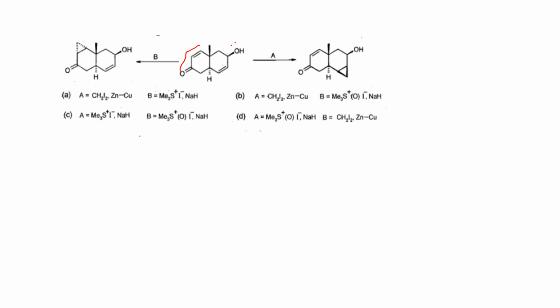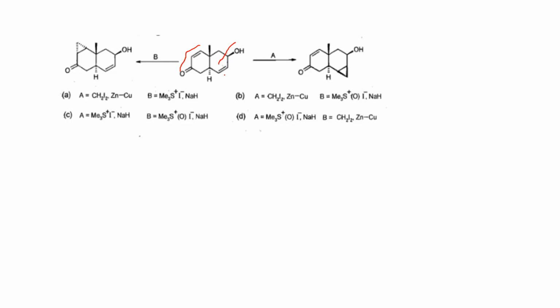In pathway A cyclopropanation has been performed at this double bond, and in pathway B cyclopropanation has been performed at this double bond. Between these 2 double bonds, you can answer which one is the more electron rich double bond.